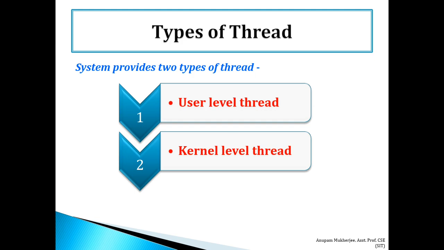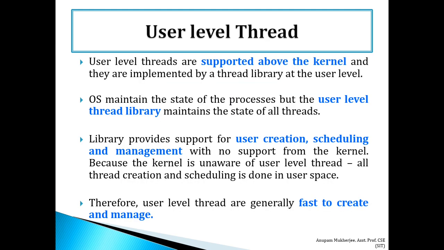Kernel level threads are directly accessed with hardware, but user level threads are generally not directly associated with hardware. First we discuss what is a user level thread and what is its utilization.